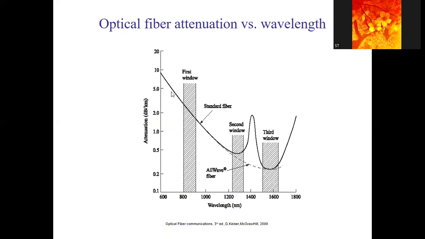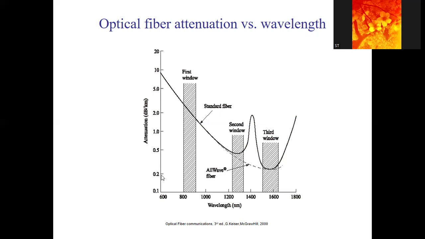This graph indicates the loss of signal while traveling of the optical signal from transmitter to receiver end. Here you can see the attenuation graph, attenuation given in dB per kilometer.